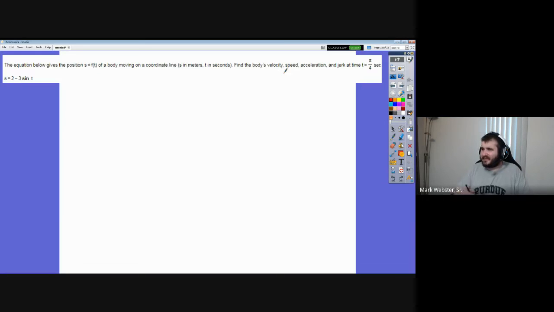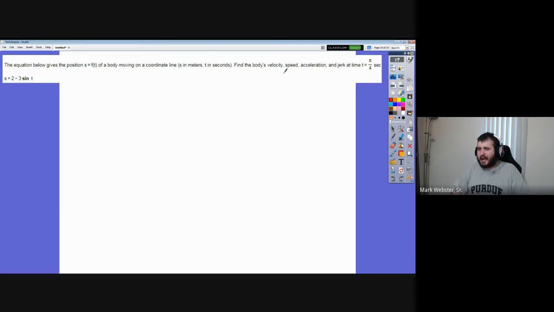Think of speed like distance. You can't walk negative 10 feet. Even if you're going backwards, you're still walking 10 feet. Acceleration is the rate of change of your speed. How fast is your speed increasing?